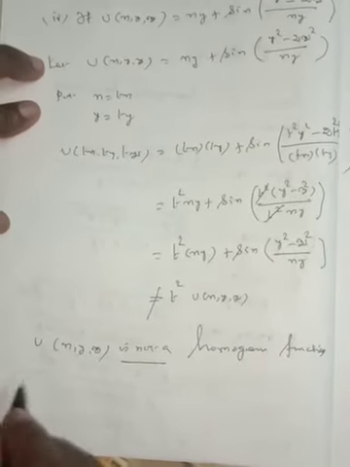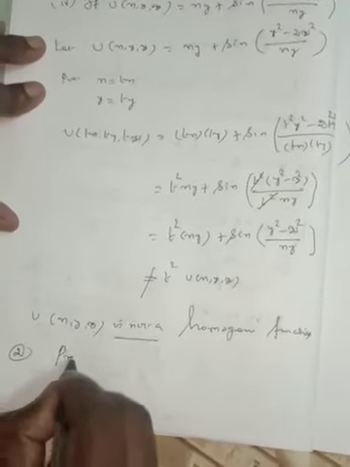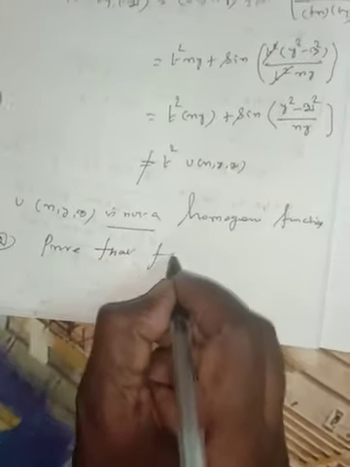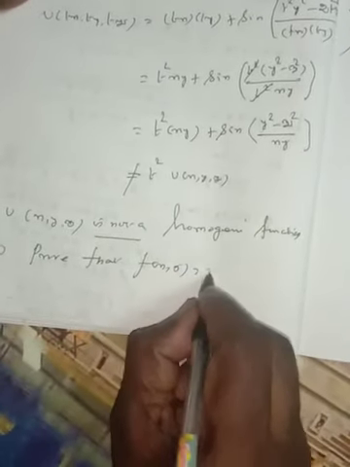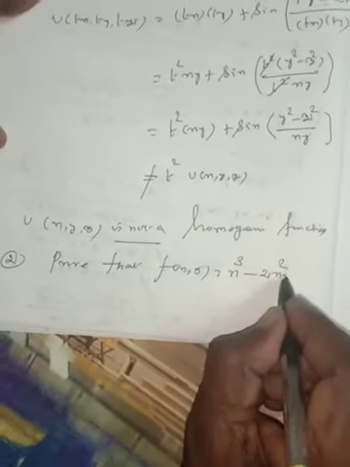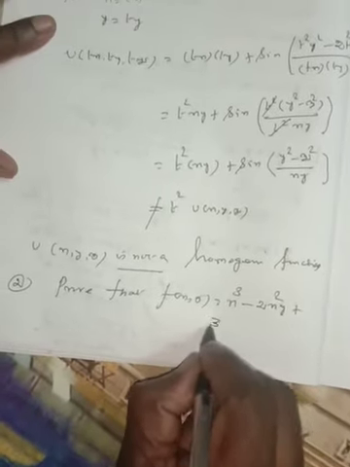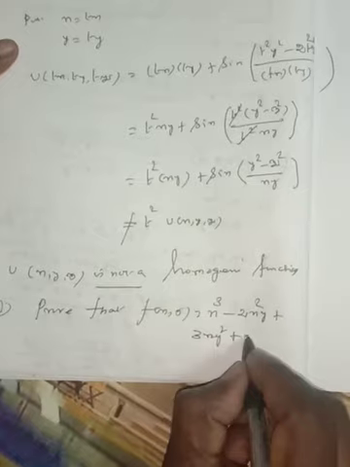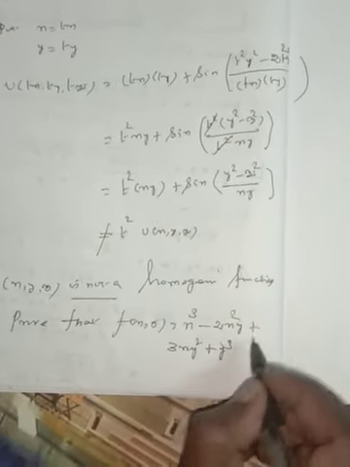Next, question number 2. Prove that f of x, y is equal to x power 3 minus 2x square y plus 3x y square plus y power 3 is homogeneous.